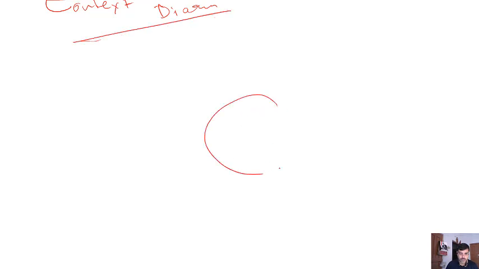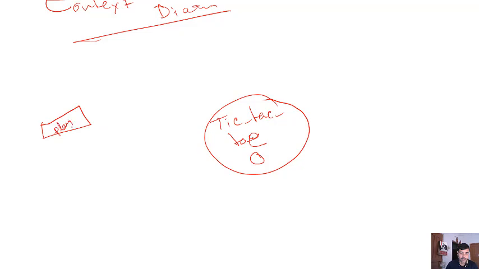This is the context. In the context diagram, we should consider the whole tic-tac-toe system as a process. Give the ID 0, and the user is the player. The player may be the computer, or the player may be human.